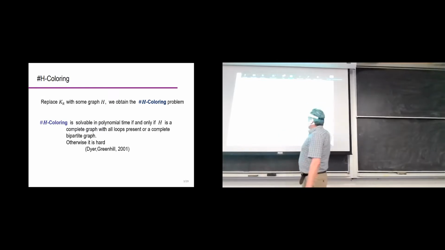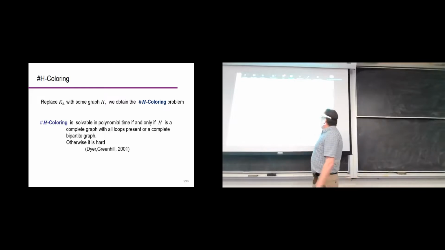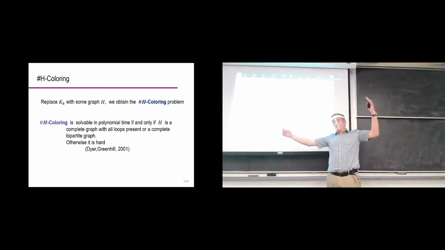So if H is a complete graph with all loops, you have everything connected and loops, so any mapping will just give you a homomorphism. Or a complete bipartite graph. To get a homomorphism from a graph to a bipartite graph, your given graph should be bipartite as well.